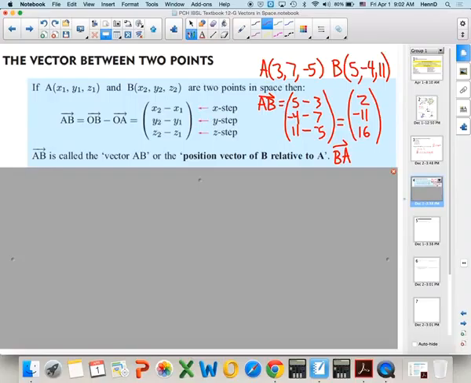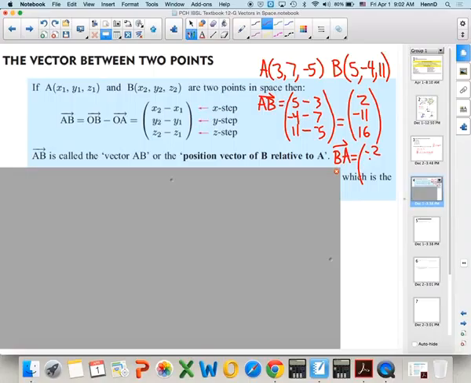Position vector of A relative to B. Okay, it's the position vector of A relative to B. And it would be (-2, 11, -16). Okay. It's the opposite, right? Good. It's the opposite direction, so that idea still applies here. You just take the negative of each of the components. Okay?